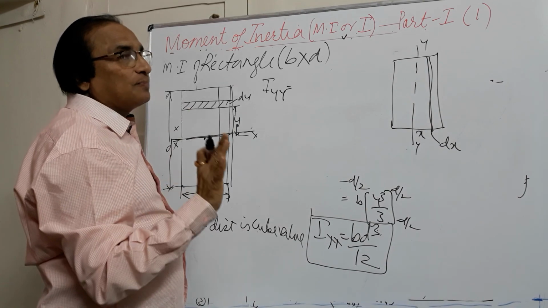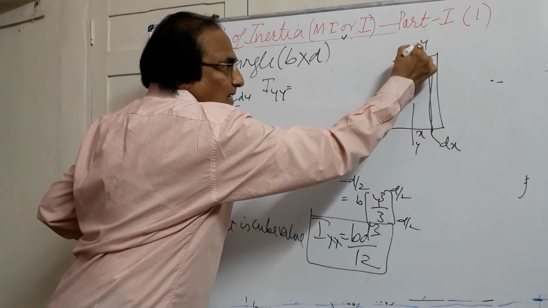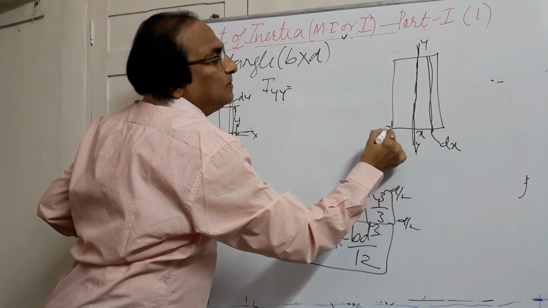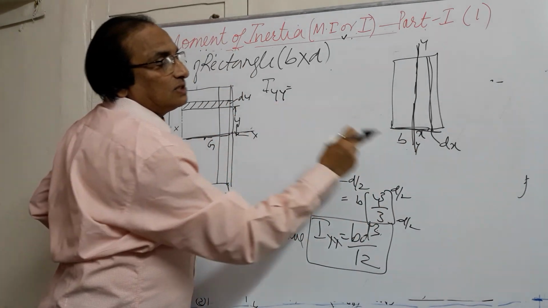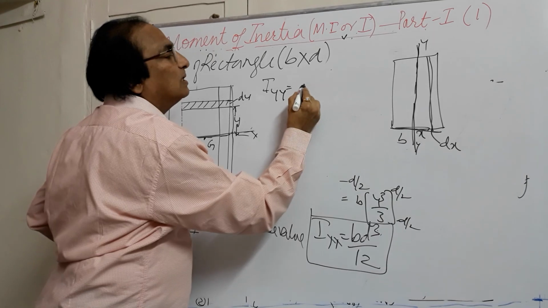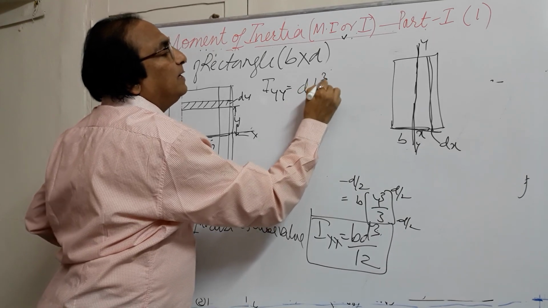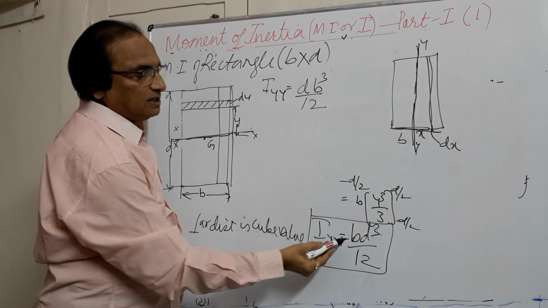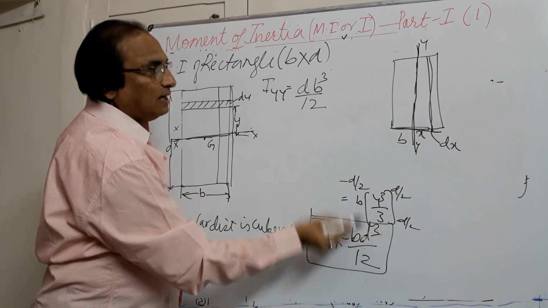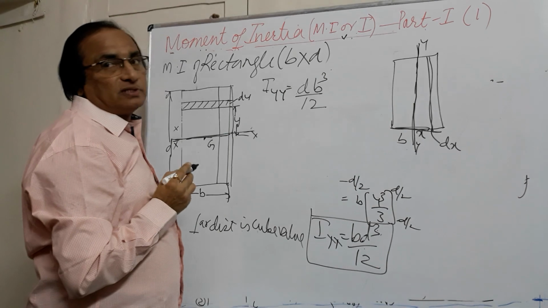Cube value is always perpendicular to the axis. Now what is our axis here? This is our axis. And which dimension is perpendicular to that? B is the perpendicular dimension. So that should be cube. So what is left is d b cube divided by 12. So see the change here. D is cube here, and here b is cube.